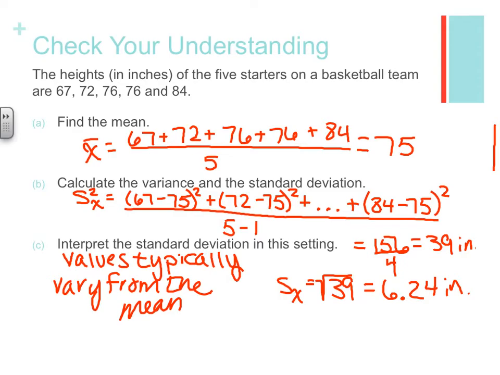So in terms of how you would interpret this one in context, we would want to say the players' heights typically vary by about 6.24 inches from the mean height of 75 inches.